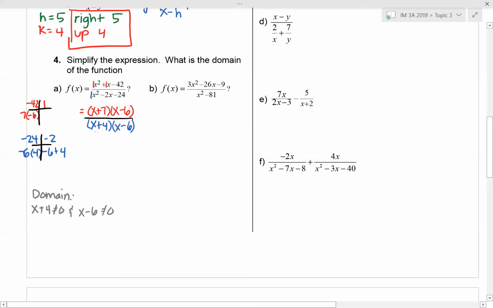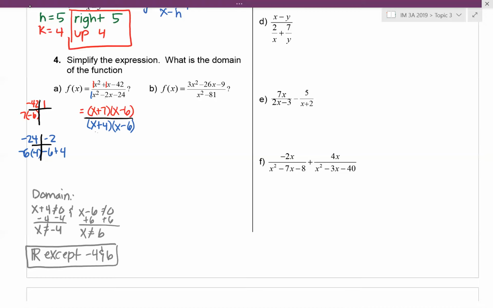So that means that if I were to solve each of these for x, x can't be negative 4, and x can't be 6. So that means that the domain is all real numbers except negative 4 and 6 for this problem.